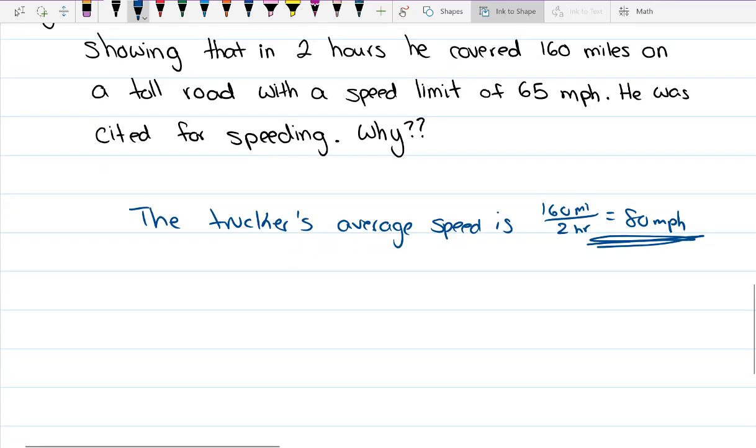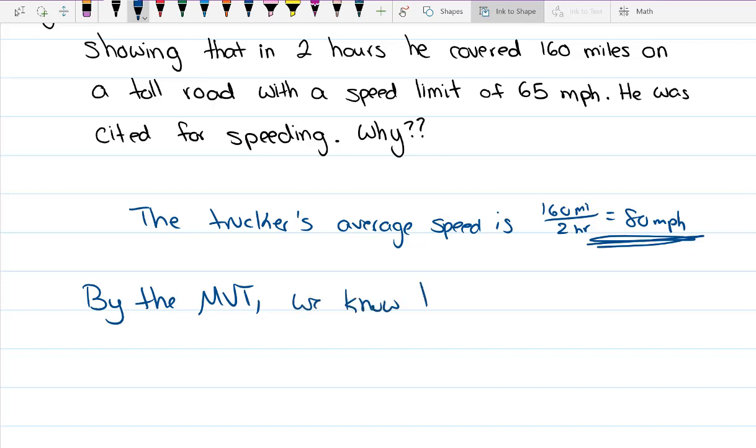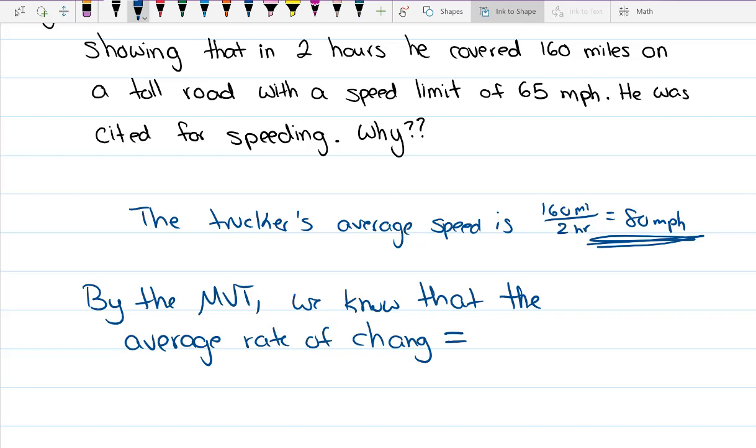You can just use the average, but using the mean value theorem, we know that the average rate of change is equal to the instantaneous rate of change at a particular time value or an x value.